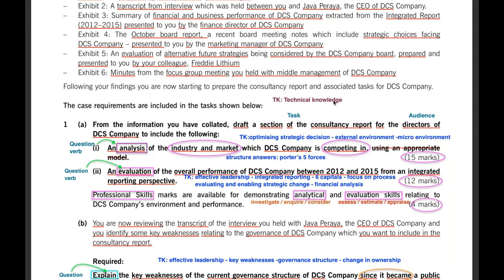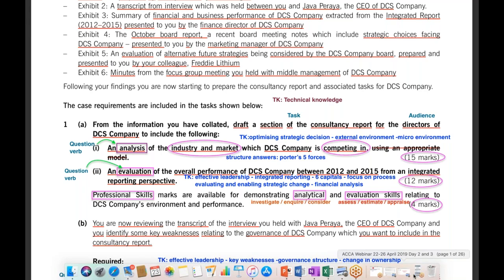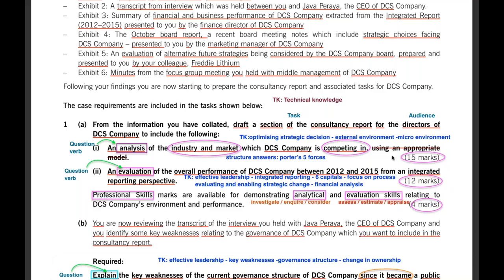TK here is actually the technical knowledge. So from this particular requirement number 1, the information you have collated, that you have already collected and put together, you are to draft a section of a consultancy report.